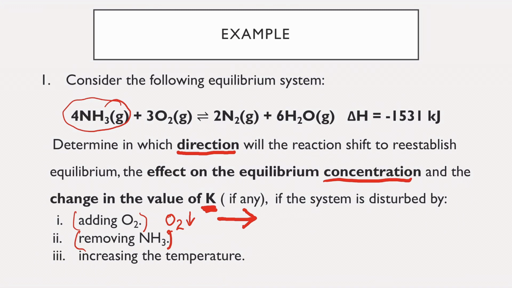Okay. So, how will your system respond to this disturbance? It will shift to the left. Right? So, it will shift to the left by decreasing the concentration of your products, which are water and N2, and increasing the concentration of oxygen, and NH3 will form again and increase in concentration.